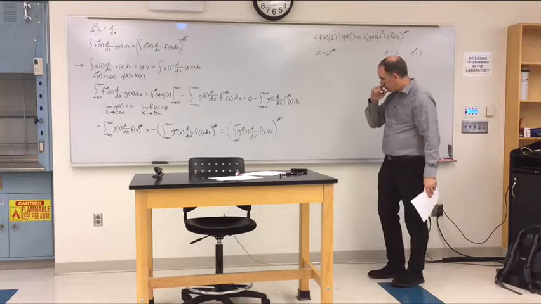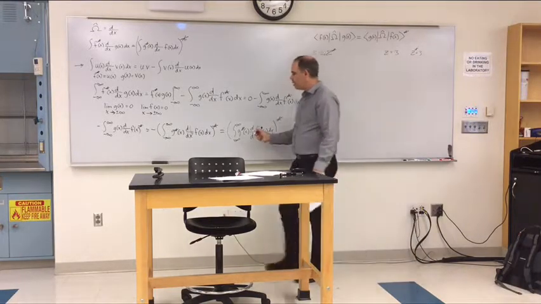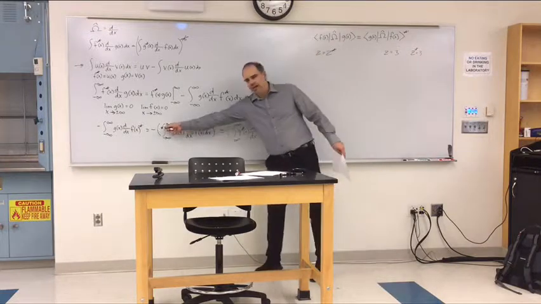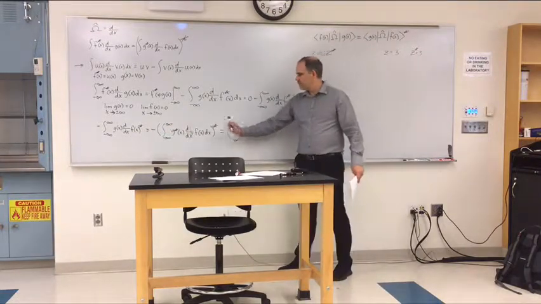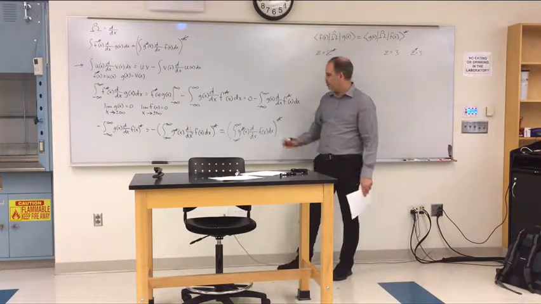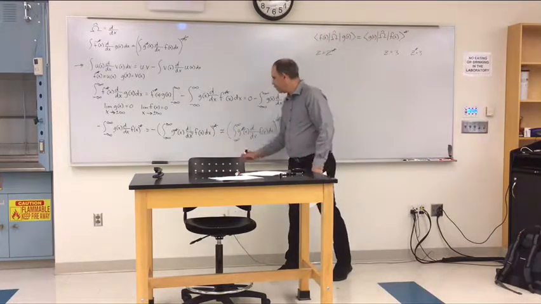Are these two equal? The answer is no, right? You got a negative sign here, no negative sign here, but otherwise they're the same thing. So they are not equal.